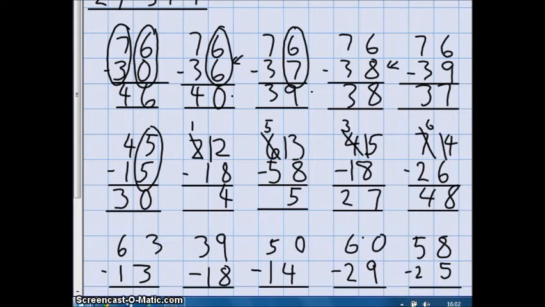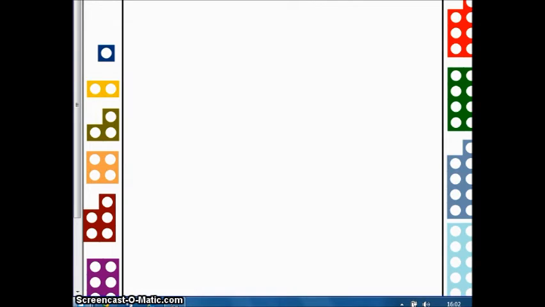Now, depending which way you want to go, for what you like, what you know, either one is fine. But beyond this, we've also looked at using manipulatives. And you'll see at the sides here, there's 1 to 6 on one side over here. On this side I have 7 through to 10, which you can almost see all of it there. What we've done in class is we've built numbers up first of all.